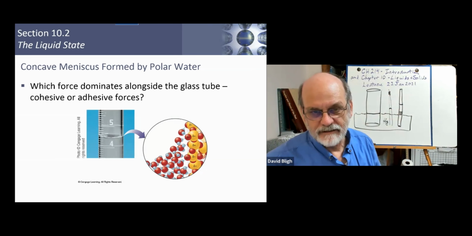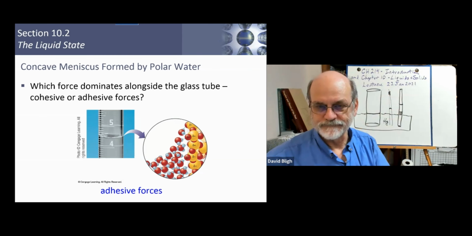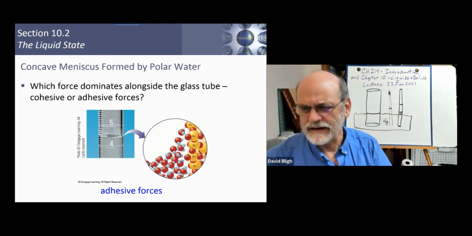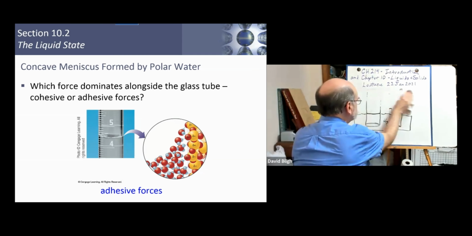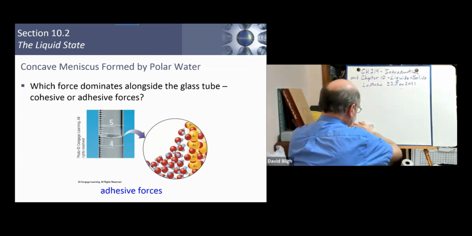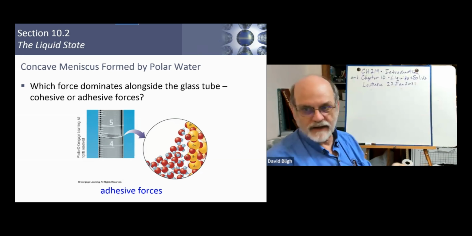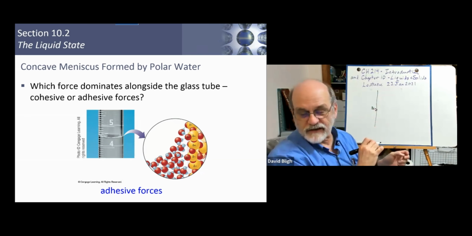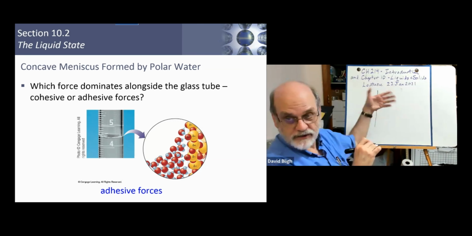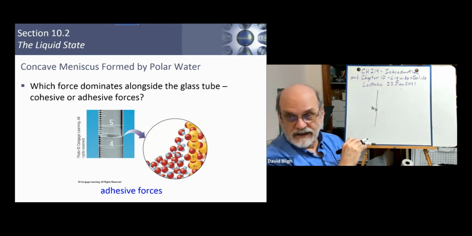Okay? In this case, adhesive forces are stronger for water and glass. Now, why is that? Why would water be attracted to glass? You know what glass is made of? Sand, silicon dioxide. So on the surface of the glass, you have oxygen sticking out there. Some of them, not all of them, some are silicon, some are oxygen. Well, what does that do? Oxygen tends to be electronegative.